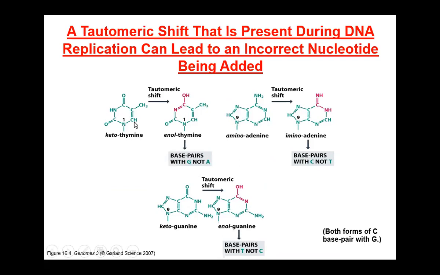For instance, with a thymine here, you can see this double bond with this oxygen; occasionally this thymine can undergo a tautomeric shift that results in the double bond being found here. Each of the bases has the possibility of undergoing this spontaneous tautomeric shift.